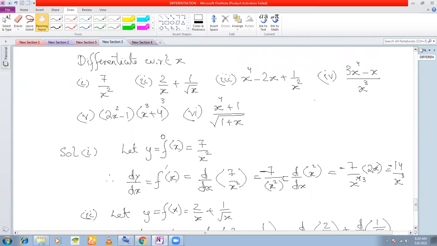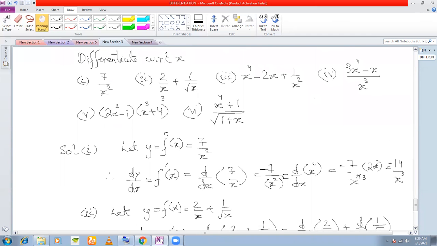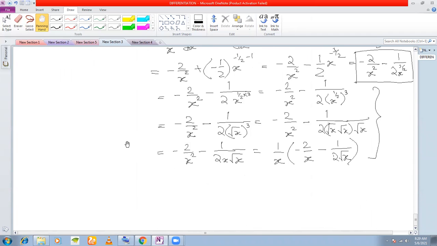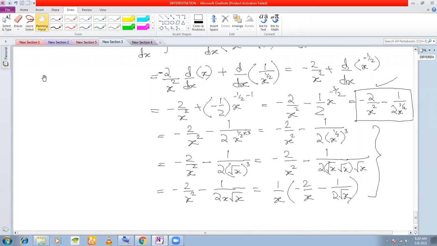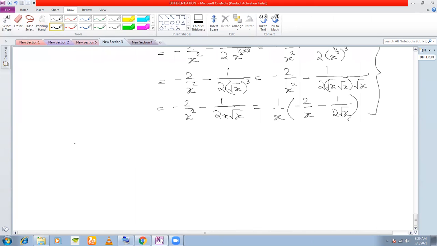The next one you see here is number 3, which is x to the power of 4 minus 2x plus 1 by x. We'll finish the next two later on. So let's start by saying that y is equal to f(x) is equal to x to the power of 4 minus 2x plus 1 by x squared.